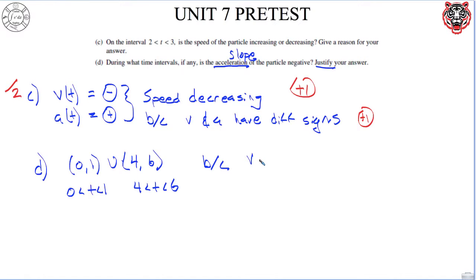Yeah, so you can say slope, but you need to really say what that slope represents. What is that slope? It's a(t), and that's found by taking v'(t). They gave us a graph of v, so somehow we need to have v in our answer. So it's v'(t) < 0 on those intervals.